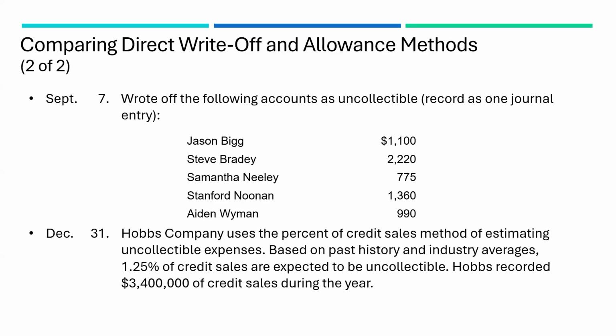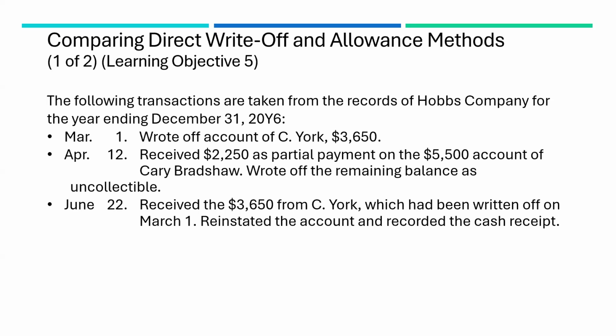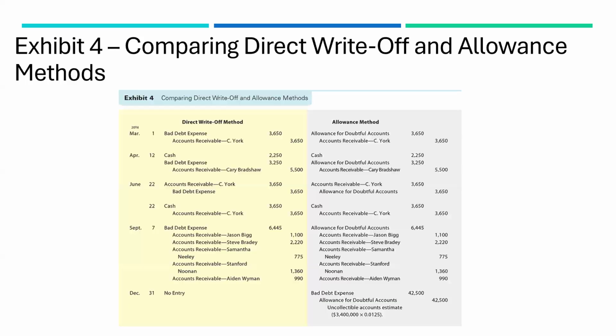And so we have a lot of journal entries for these 5 different transactions here. The initial entry, and they're also different, right, based on the allowance method and then the direct method. So under the direct method, when we write off the account, we debit bad debt expense and then credit accounts receivable. And then under the allowance method, we credit our accounts receivable, but then we debit our allowance for doubtful accounts.